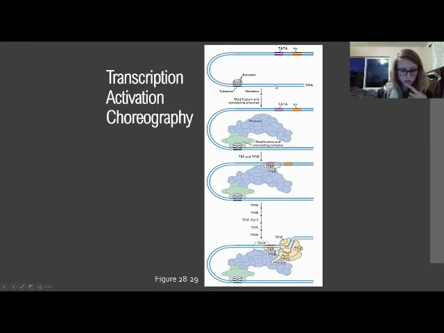The mediator facilitates the binding of the TATA binding protein, or TFIID, and TFIIB, and the other basal transcription factors allow polymerase II to bind, and phosphorylation of the CTD leads to the initiation of transcription.